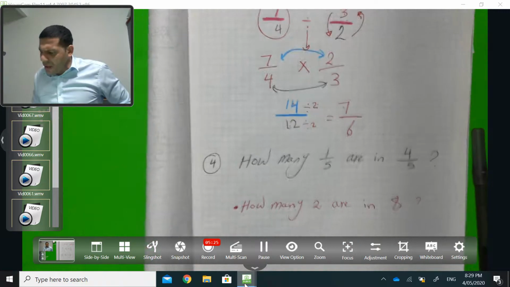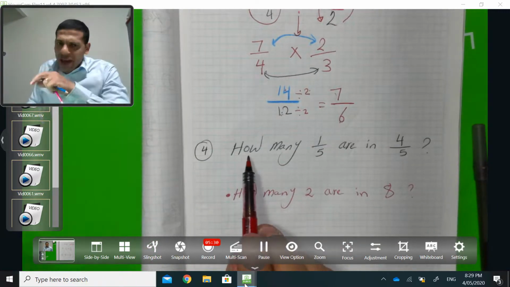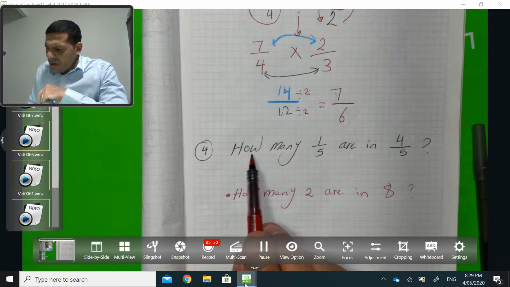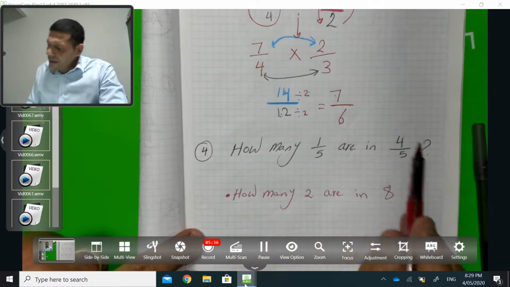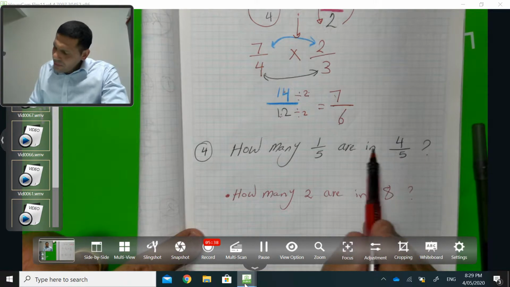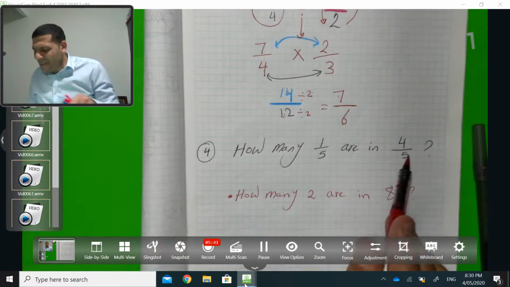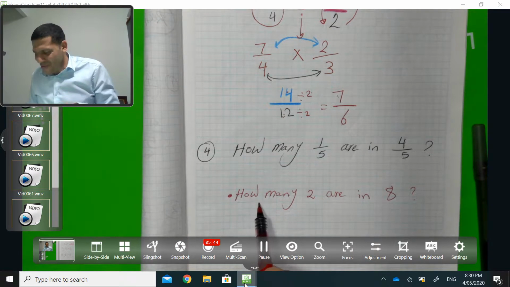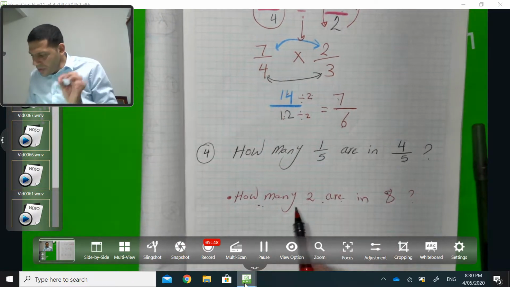We do the last one here, guys. Now, here we have a problem solving. If I ask you how many 1 over 5 are in 4 over 5? To do this example, I'll just give you an easy one first, which is how many 2 are in 8?